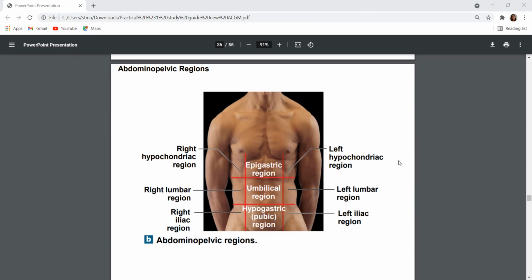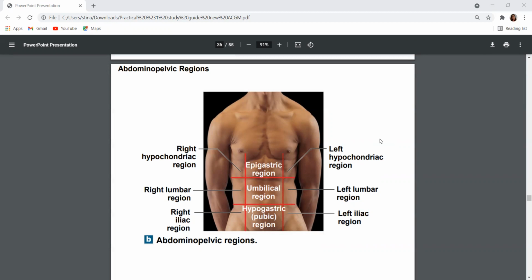So let's start with these. Let's take the right and left hypochondriac region. Hypo means below, and chondria refers to cartilages. So what it's talking about here is the right and the left hypochondriac regions are the regions below the cartilages in the ribs. So again, hypo means below and chondria means the cartilage, and it's talking about the cartilages involved with the ribs.